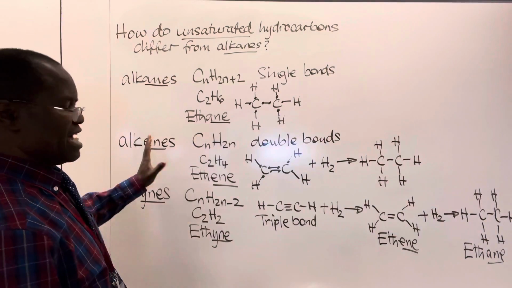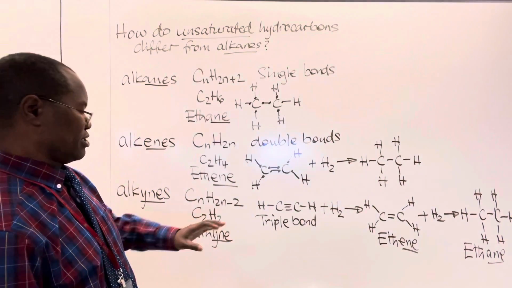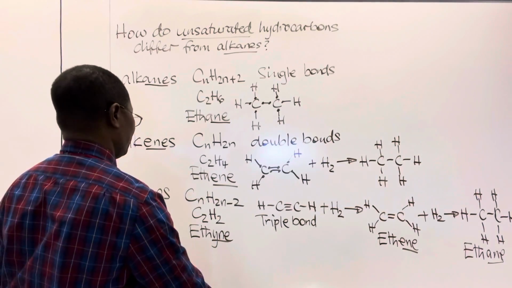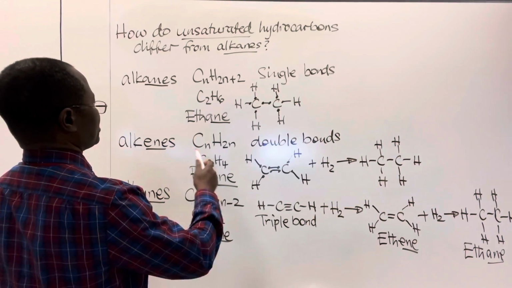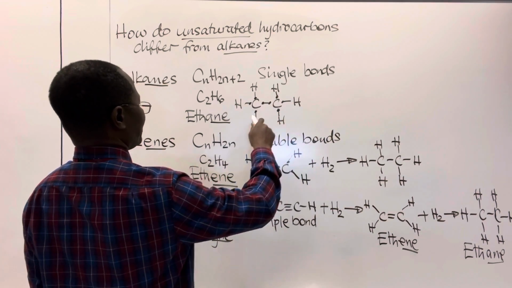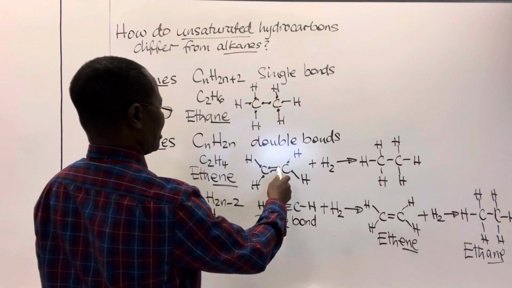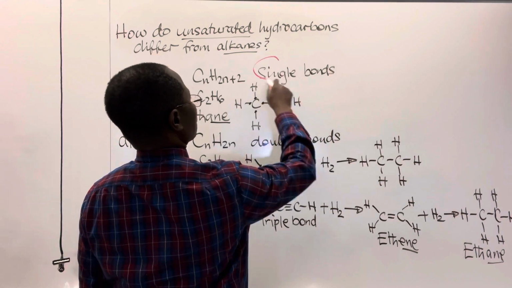So that's the major difference between saturated and unsaturated. Simply put, the saturated ones have reached the maximum number of hydrogens that can be added, and they form single bonds.